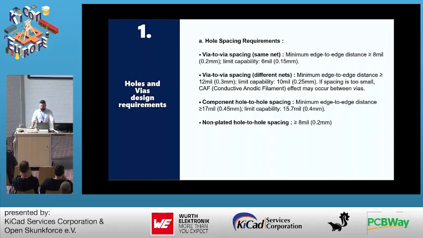And then when you have the spacing between hole to hole, component hole to hole, you have to respect 0.45 millimeter. We can try to go up to 0.4, but it's also a little bit risky. And for non-plated holes, the spacing between 2 holes is 0.2 millimeter.